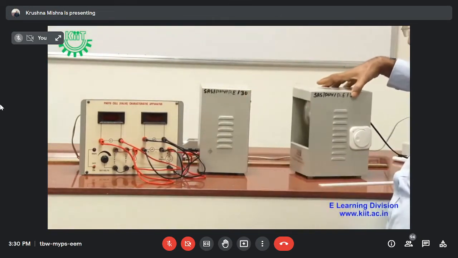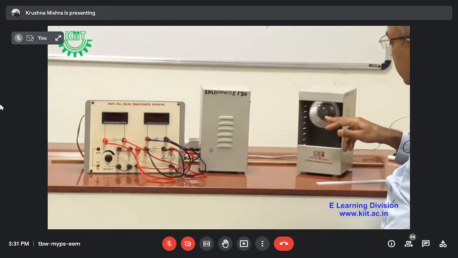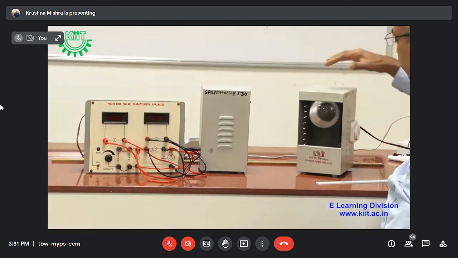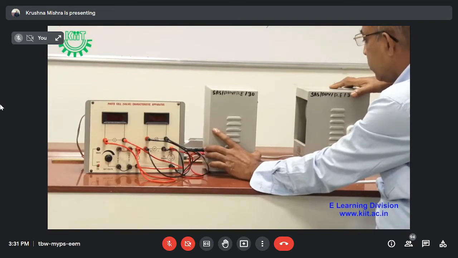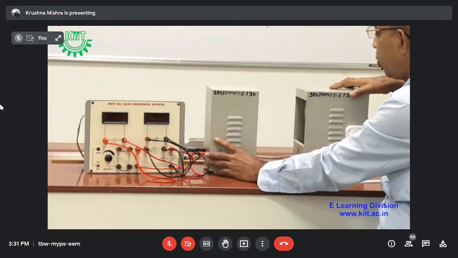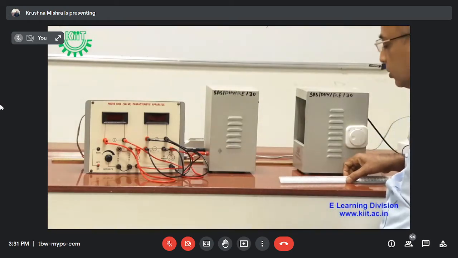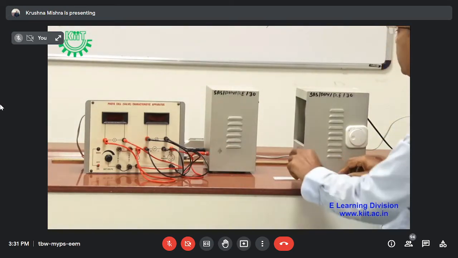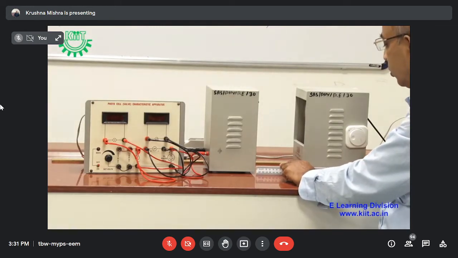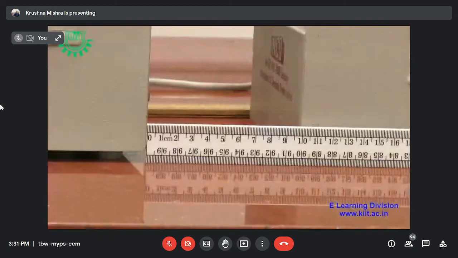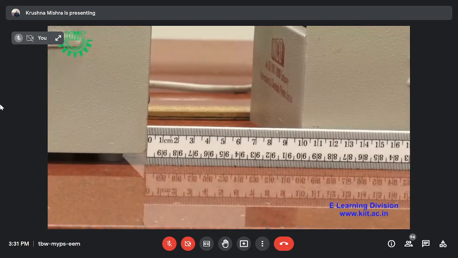Next, this is the source of light which has a bulb of 100 watts, and it should be kept facing the cell with a suitable distance. We have to measure the distance between these two. Suppose I want to keep the distance 10 cm.